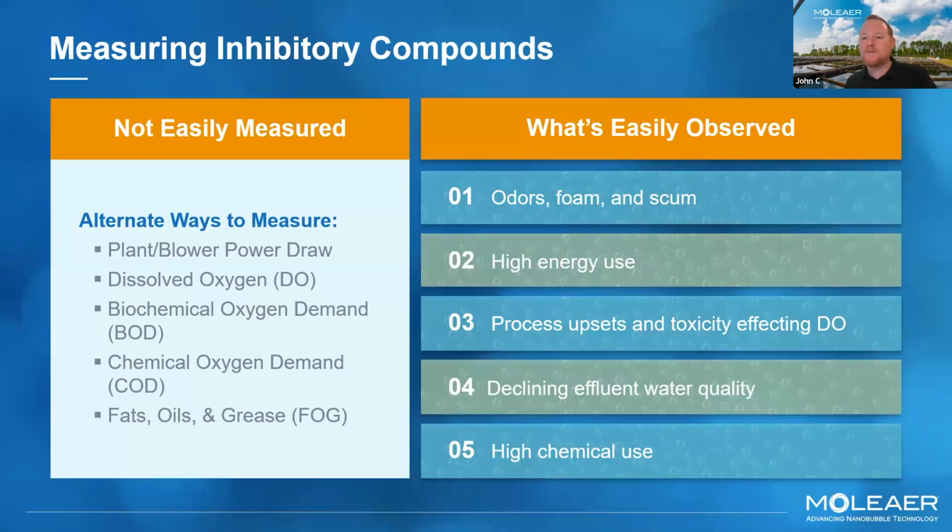So how do we measure these compounds in wastewater treatment facilities? Well, from my experience, it's very difficult. I wanted to know where these chemicals were coming from, and I wanted to test them in the wastewater. But what I found was that there are a lot of field kits available, but typically they're for measuring these compounds in clean water.